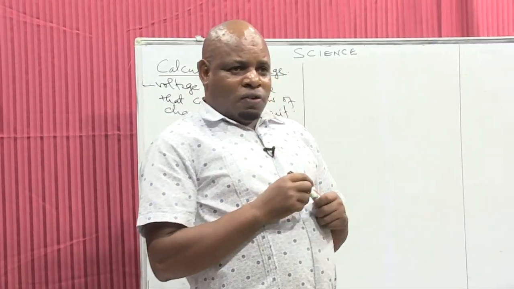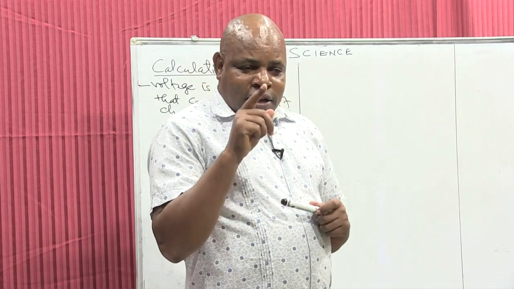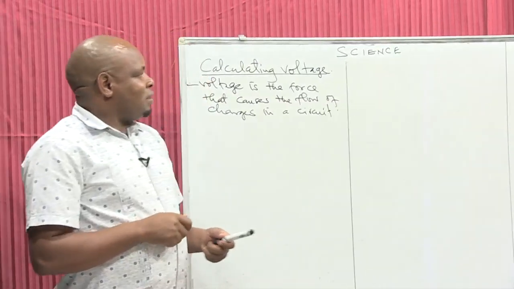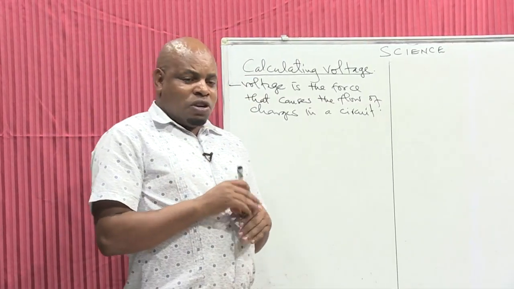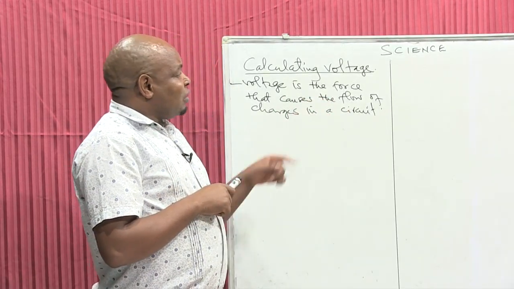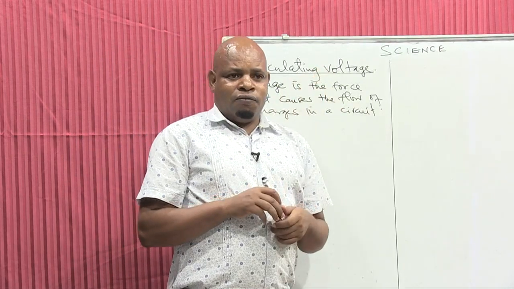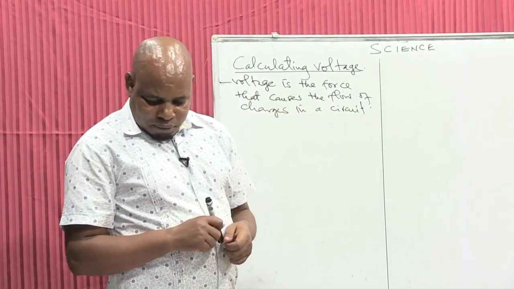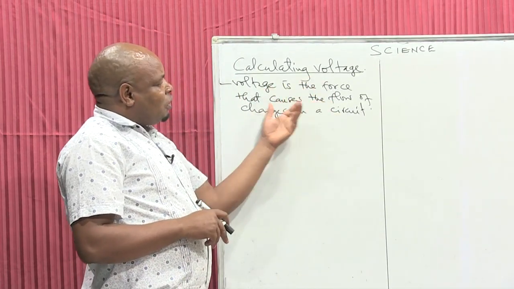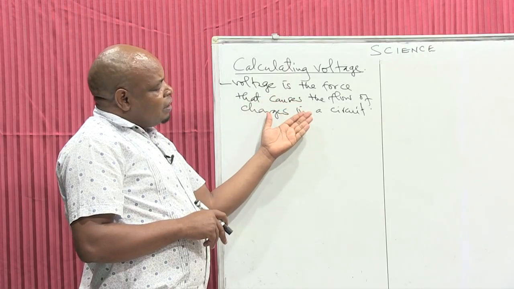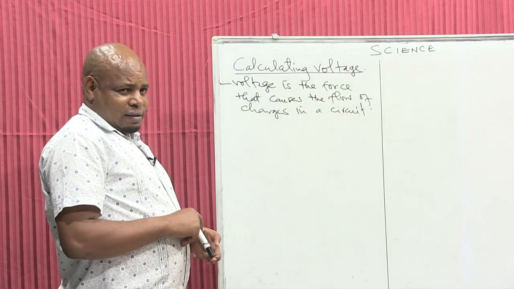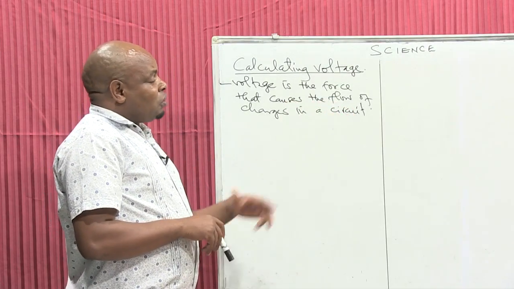What causes the electrons to flow in a circuit? That force which causes the electrons or the charges to flow in an electrical conductor or a circuit is what's called voltage.